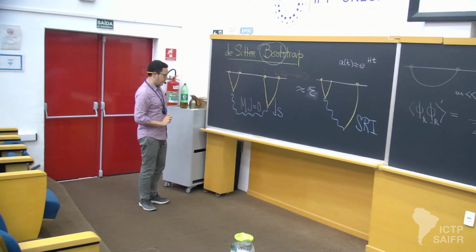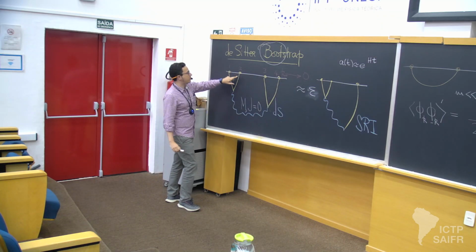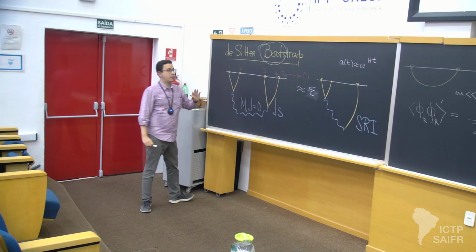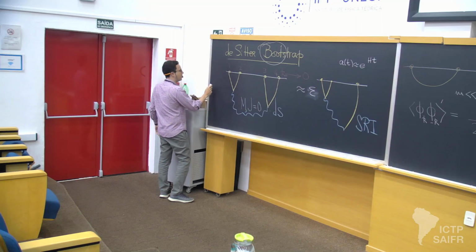And the other thing I'm going to do is we are interested in the case when these yellow fields are massless, because that's the thing that survives to late times. But I'm going to do another simplification.